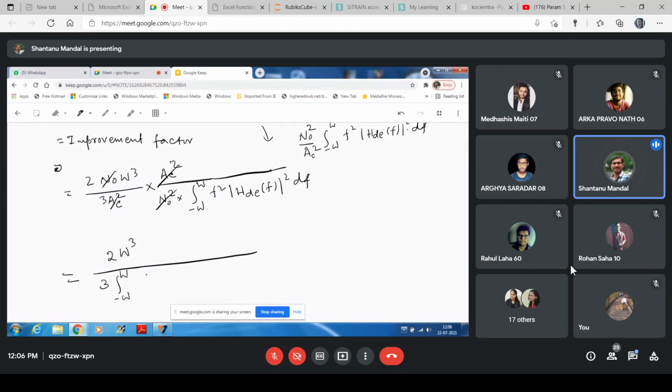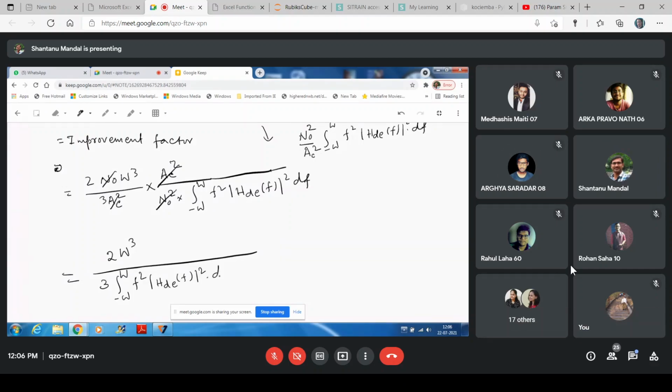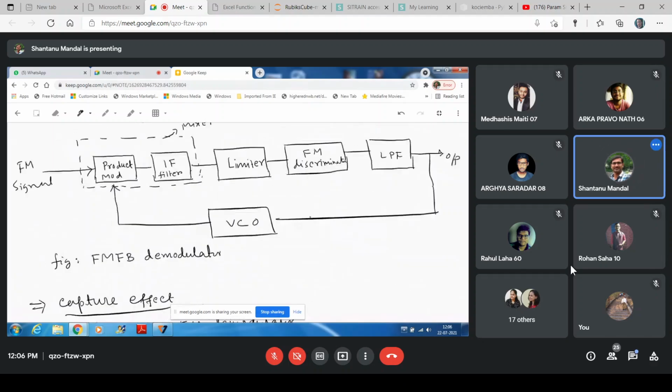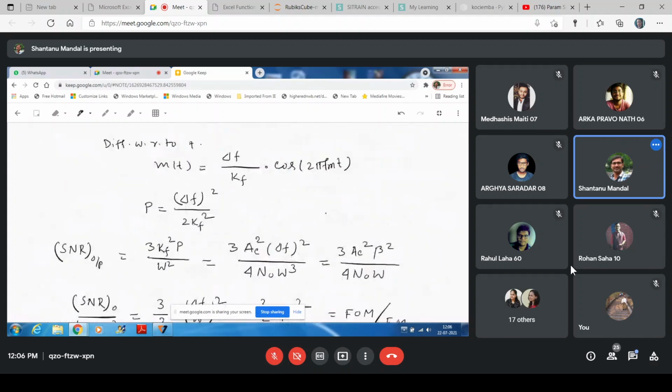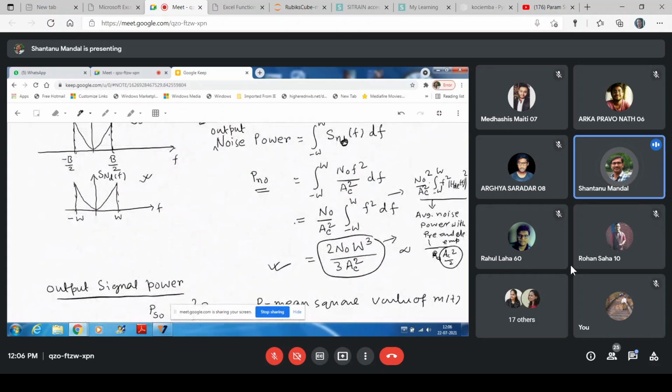the integral from minus W to plus W of f square H of D f square. There should be an N0 here. No, here there is no N0, so this is N0 by AC square, only this part.